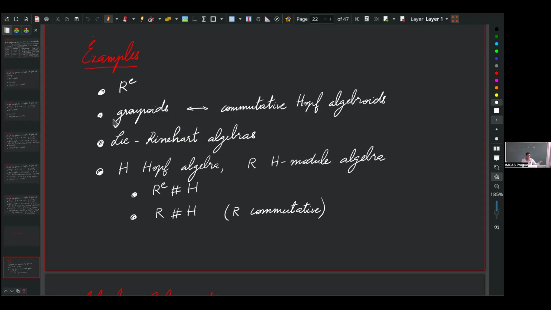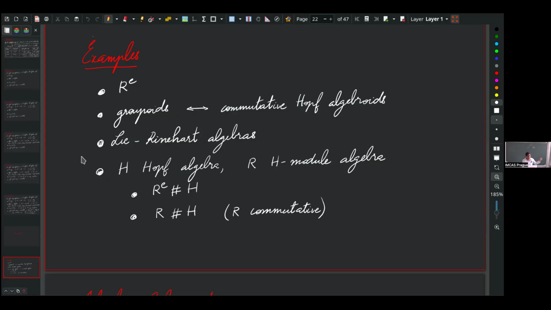Groupoids correspond to commutative Hopf algebroids, and they were defined by Ravenel. Then we have Lie-Reinhardt algebras. Their universal enveloping algebras are Hopf algebroids, and in this case, the source and target map agree with each other. And finally, an easy way to construct a Hopf algebroid is by gluing a Hopf algebra with an R module algebra upon which it acts. I just gave the idea for this example, but let's go on.